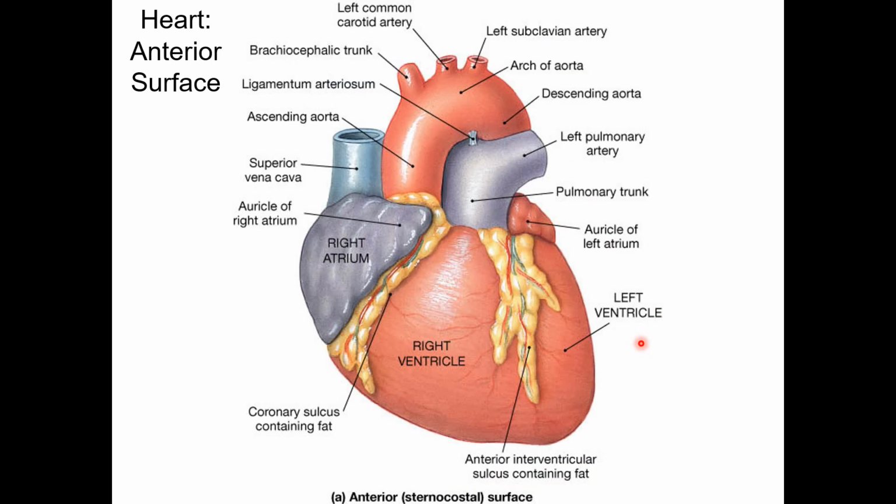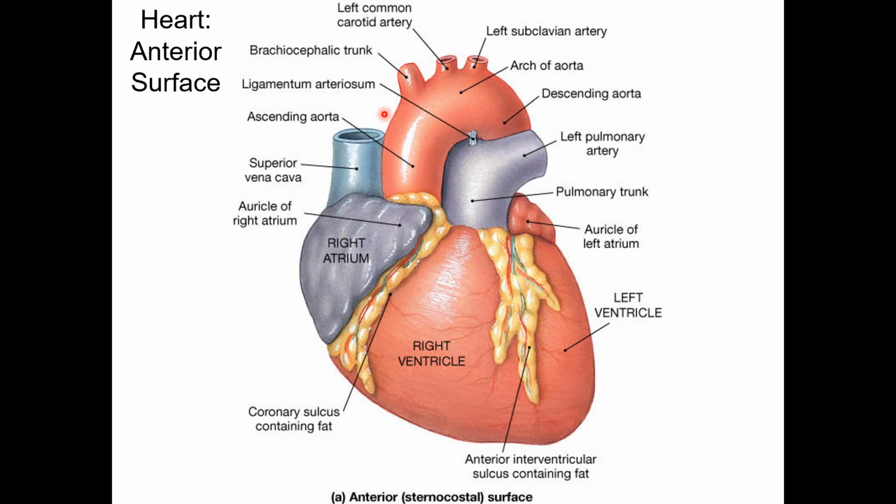If we take a look at the first surface, once we remove the sternum and open the pericardium, this anterior surface appears in front of us. The anterior surface is also known as the sternocostal surface because it is hiding behind the sternum and the costal cartilages.